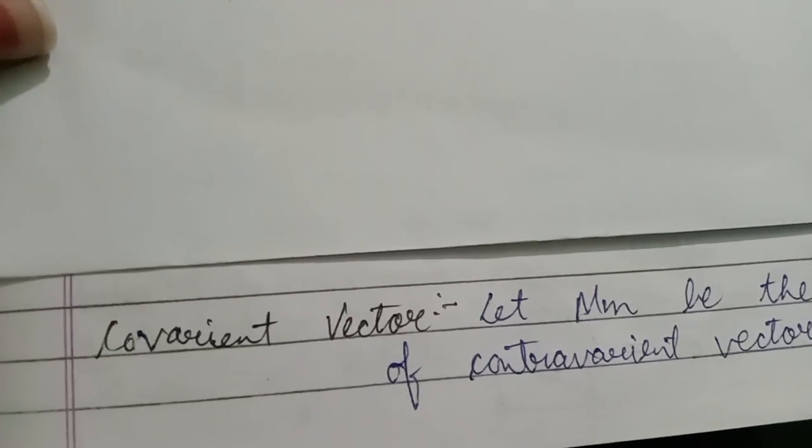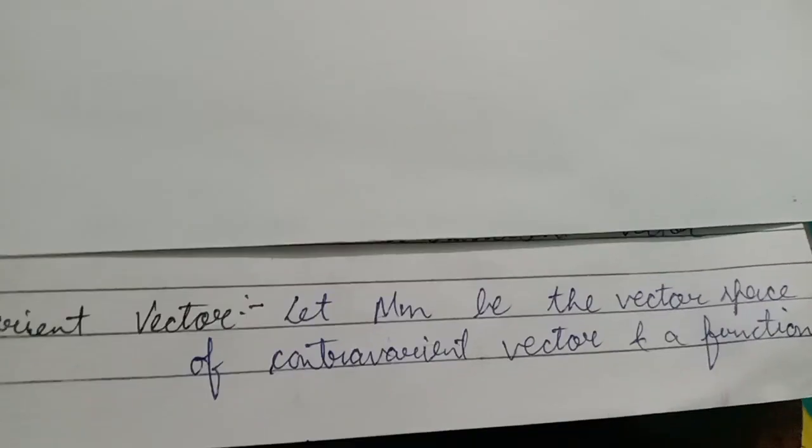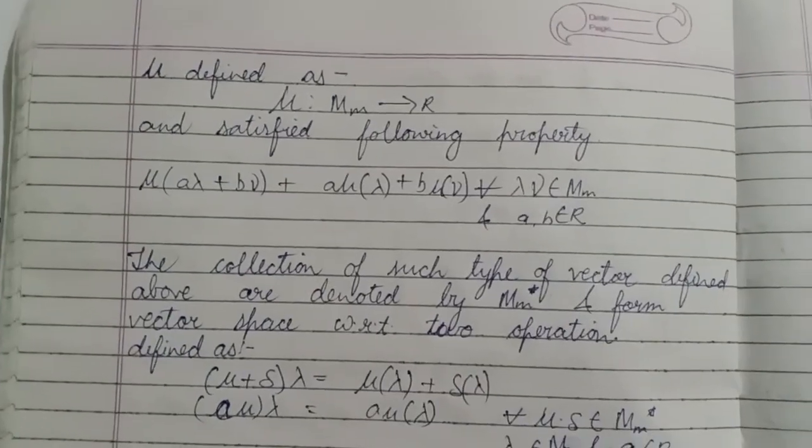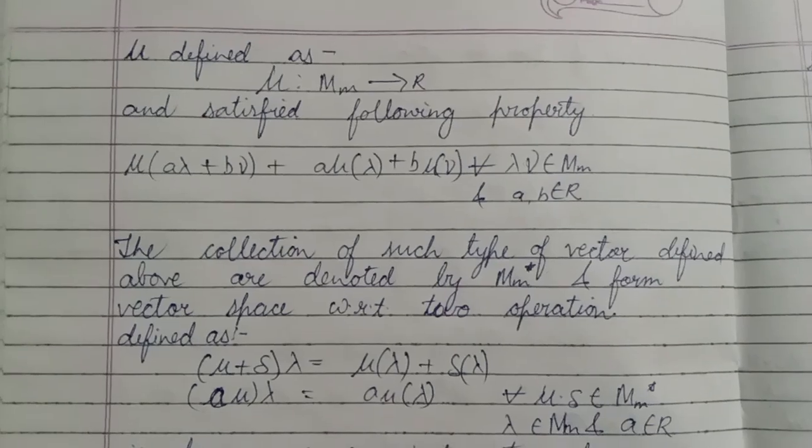So first of all, let Mn be the vector space of covariant vector of a function mu defined as given and satisfying the following property.